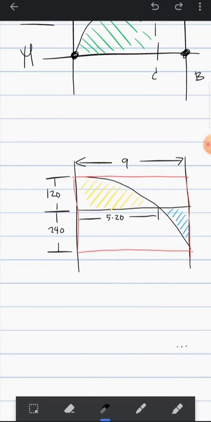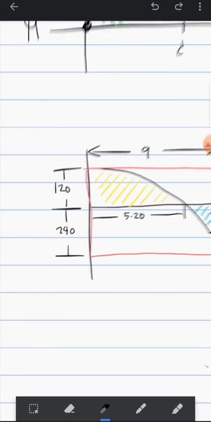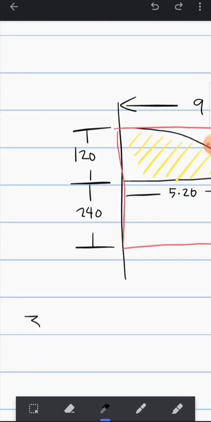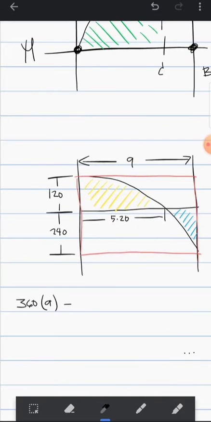The area of the rectangle is length times width: 120 plus 240 is 360, so 360 times 9, minus the area of this big spandrel.